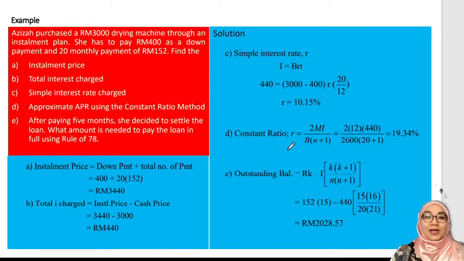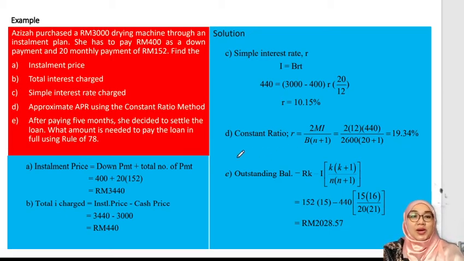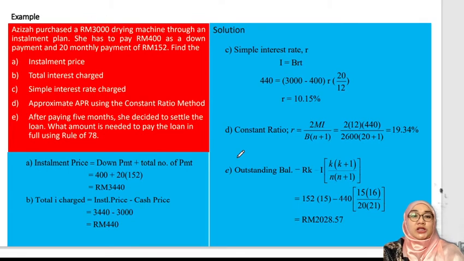Okay, Aziza purchased a 3,000 drying machine through an installment plan. She has to pay 400 as a down payment and 20 monthly payment of 152 ringgit. Find the installment price. So installment price adalah total apa?